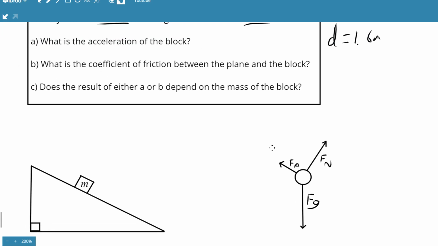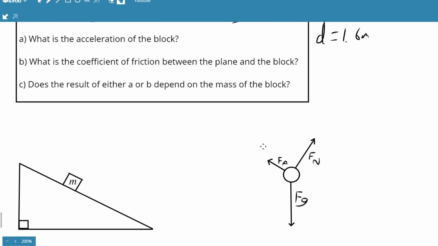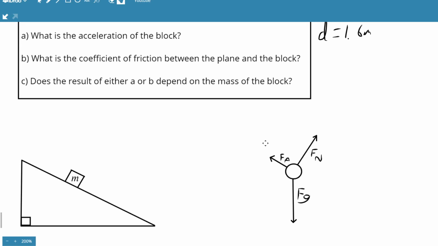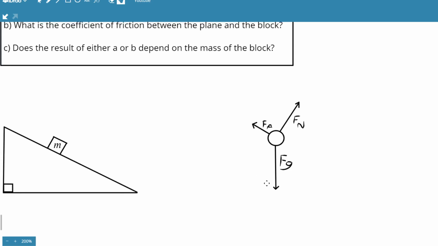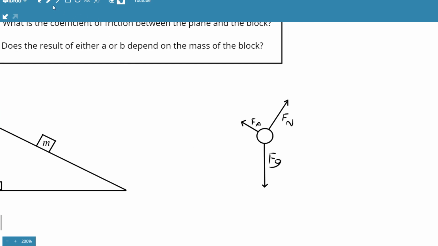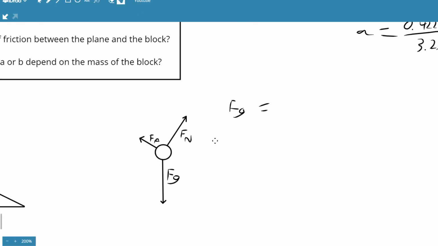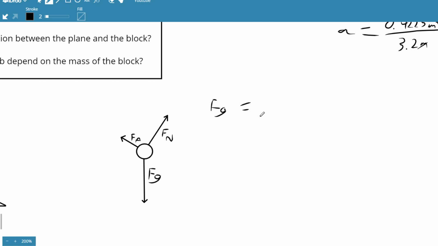So to solve for the coefficient of friction, we can start by solving Fg, because that's the easiest. Fg equals mass times gravity.